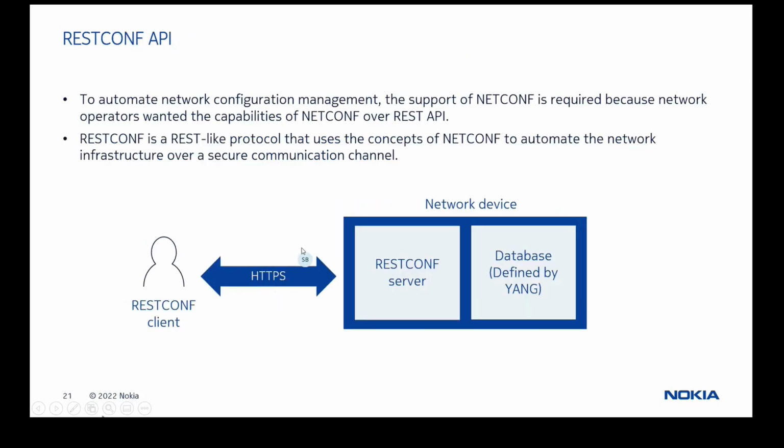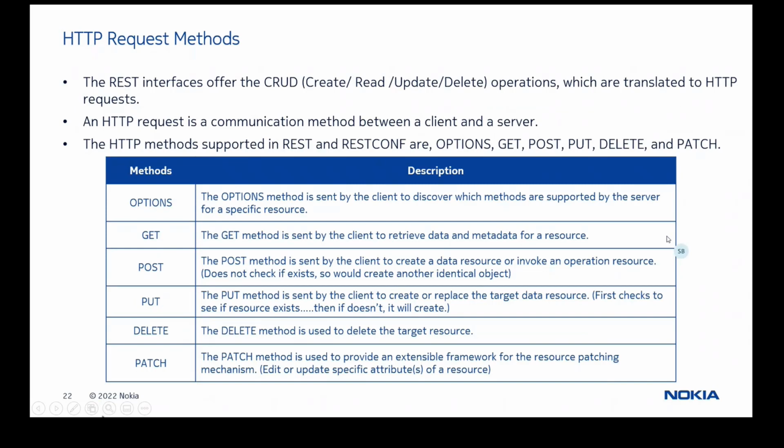The only real difference is that once it hits the server side, I'm now able to access data in the database that is defined by Yang. That's really the only major difference using RESTconf. They really work the same way, because REST is the underlying architecture that it uses. It's just that it can access things defined in Yang.